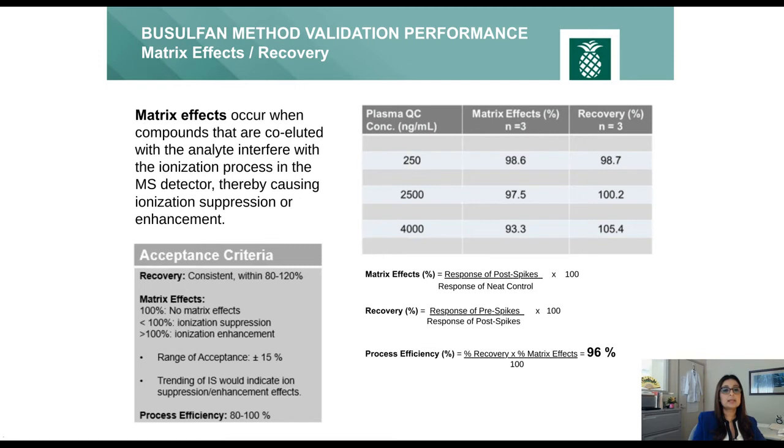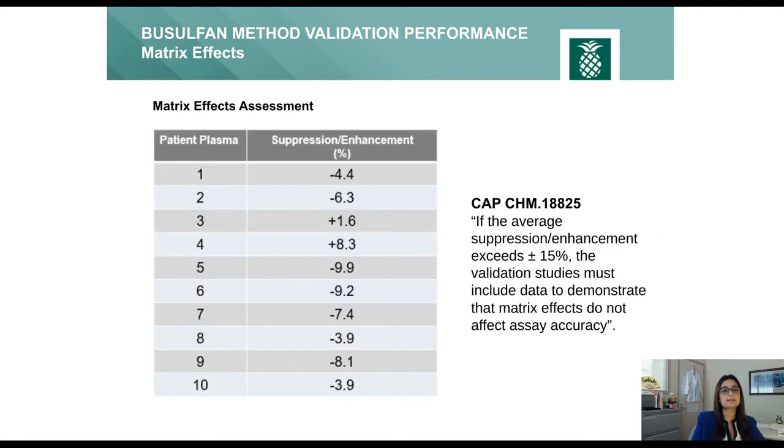We also obtained no significant differences in the response between busulfan and the internal standard spiked into plasma, or busulfan and the internal standard spiked into the mobile phase. This is mainly possible because we use a deuterated internal standard that compensates for the variation during the sample preparation and the mass spec analysis.